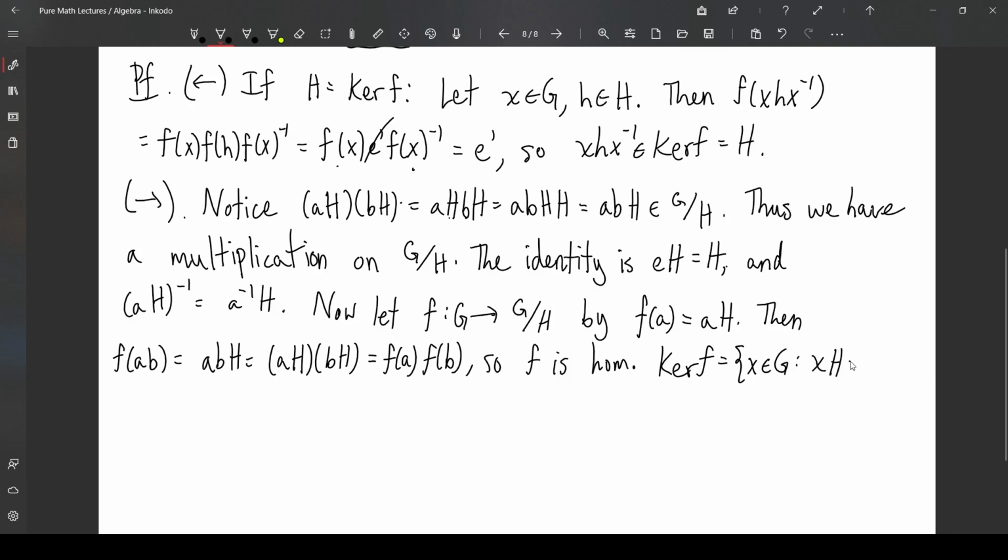So this means that xH equals H. And this is the same thing as the set of x in G such that x is in H, which is just a fancy way of saying that this is equal to H. Right, so maybe let's elaborate on why this should be the case.